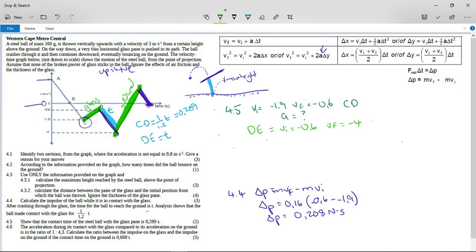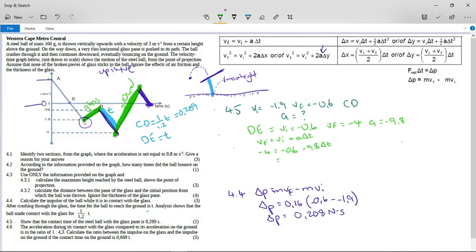And at this point it is a projectile, because remember this is after it's hit the glass pane and it's parallel to the other parts of the graph. So this one's acceleration is negative 9.8, and then we can just use VF equals VI plus a delta t. So negative 4 equals negative 0,6 minus 9.8 delta t.